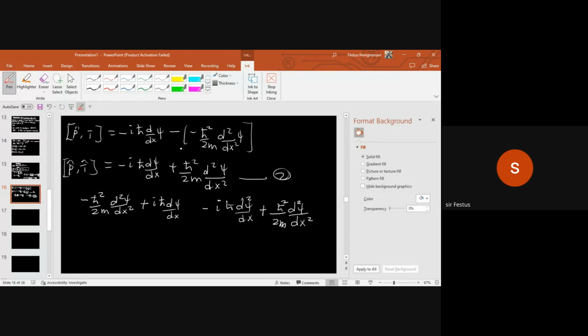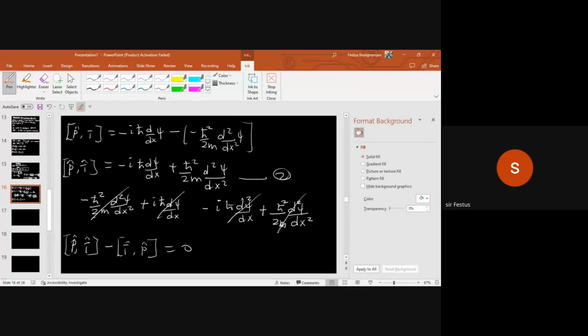So you have this. Now, this will cancel out. So this will do away with that. This also does away with this. So which means that P commuting with T minus T commuting with P is 0.